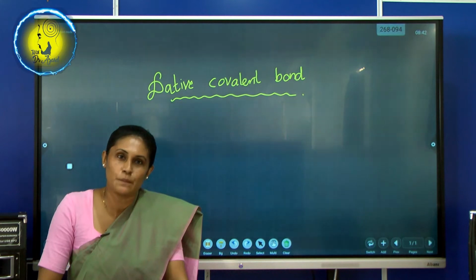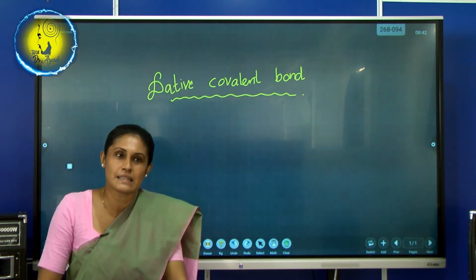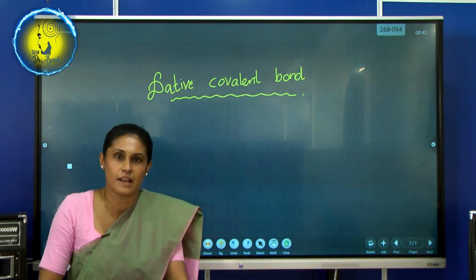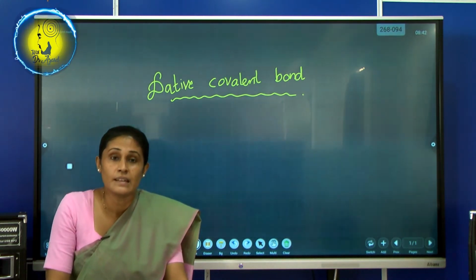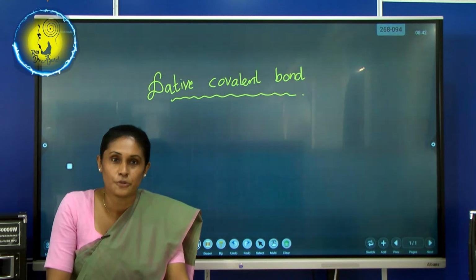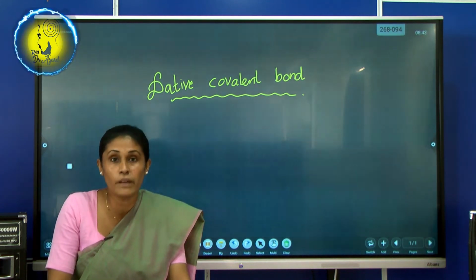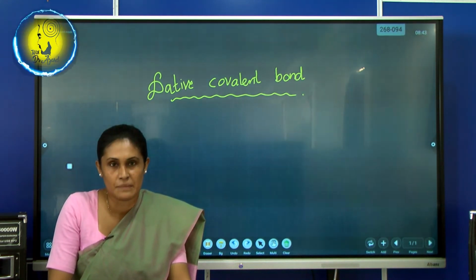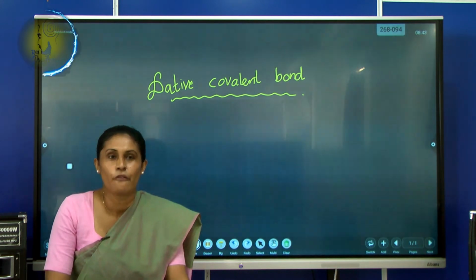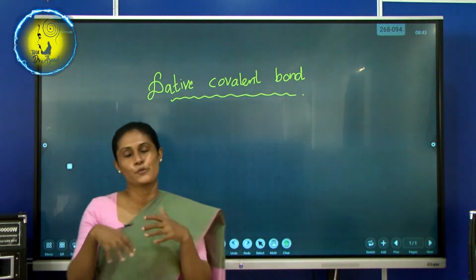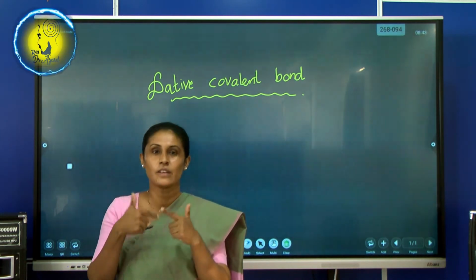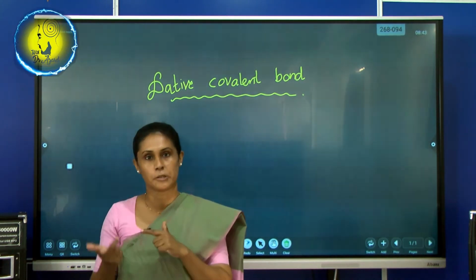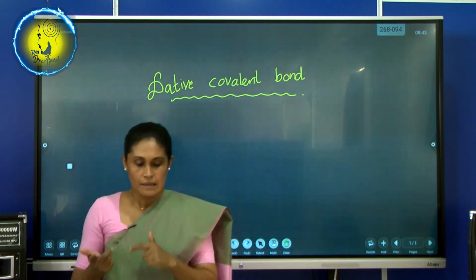When you were in the younger grades, you learned to define covalent bonds. When two or more atoms share electrons, we say there is a covalent bond, right?